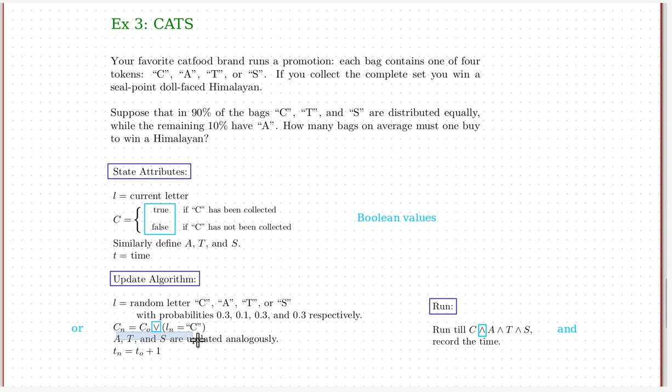And in a similar way, we update the Boolean variables A, T, and S. They are all updated in exactly the same way. The new value of A will be true if either the old value was true or the new letter is an A, and same for T and S.